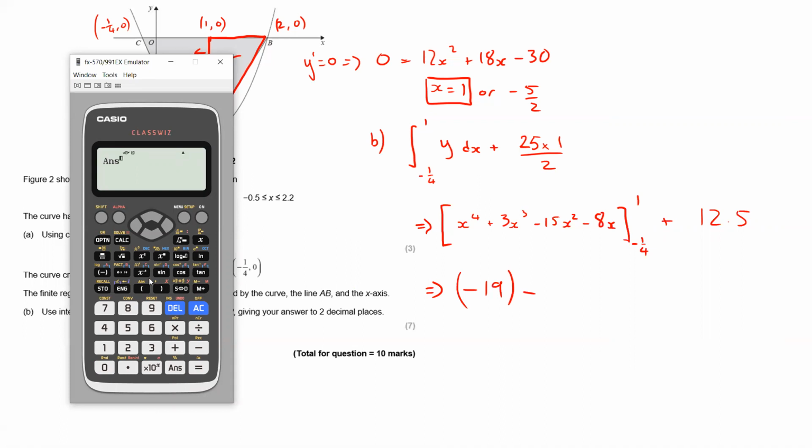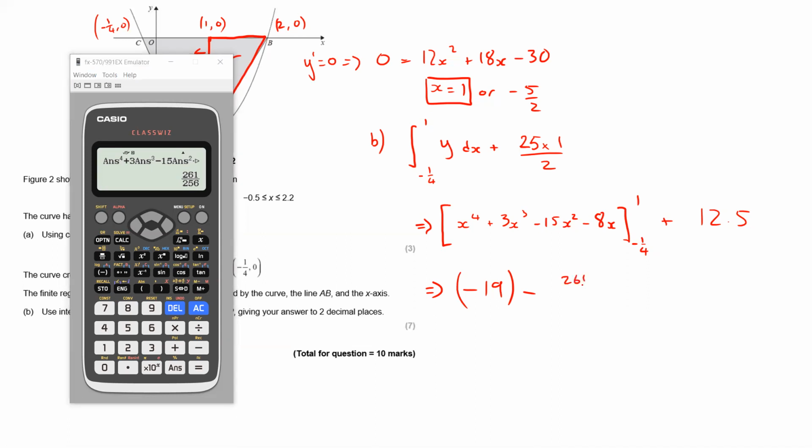So ans to the power of 4 plus 3 ans to the power of 3 minus 15 ans squared, and then minus 8 ans. So that gives me 261 over 256.